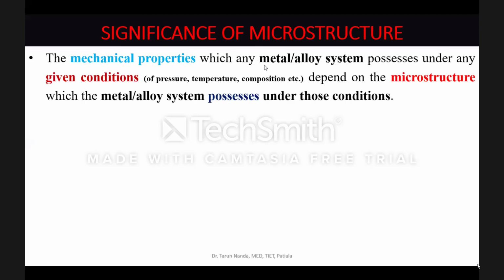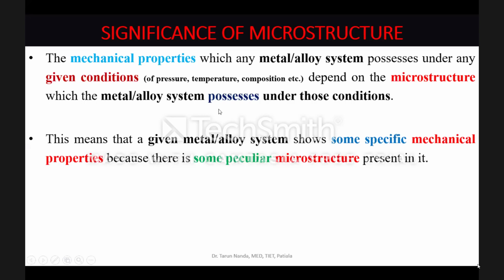Okay, now the same thing has been written in the second bullet point also, that if some metal system, alloy system is showing some specific mechanical properties, it is because it has got some peculiar microstructure present in it.